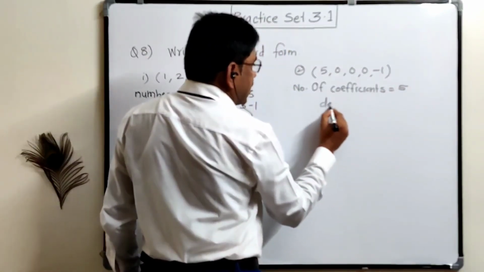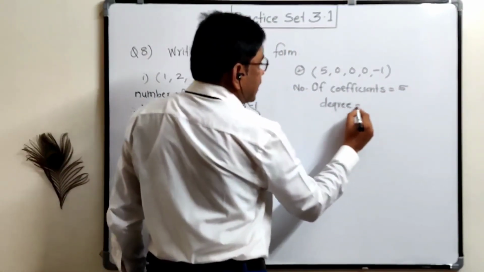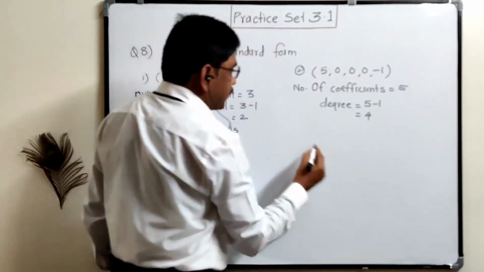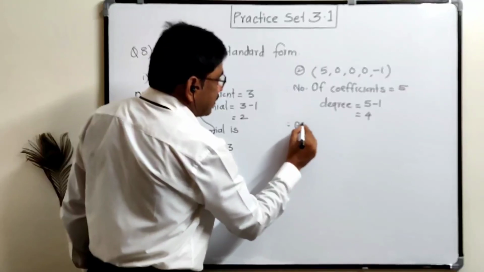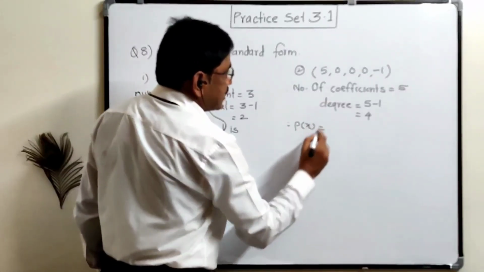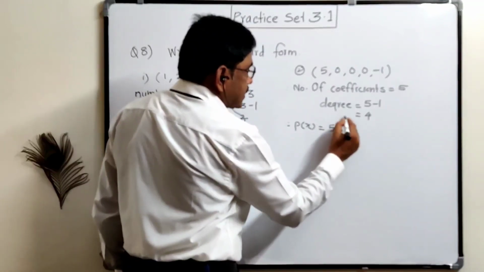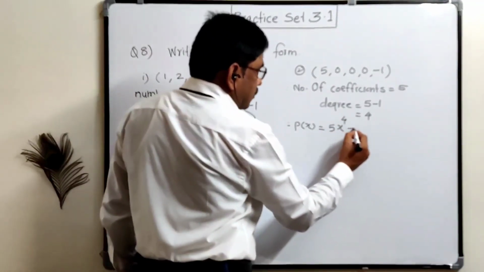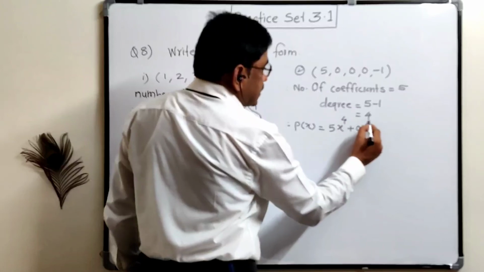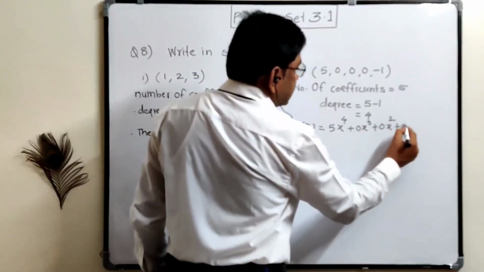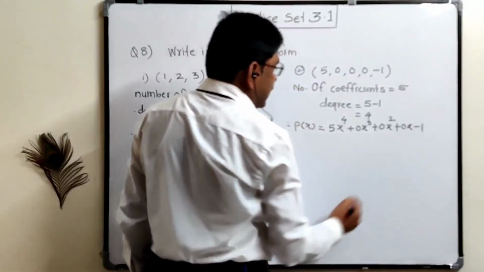Therefore degree of that polynomial is 5 minus 1, equal to 4. Therefore the polynomial px is equal to 5x raised to 4 plus 0x raised to 3 plus 0x raised to 2 plus 0x and minus 1.